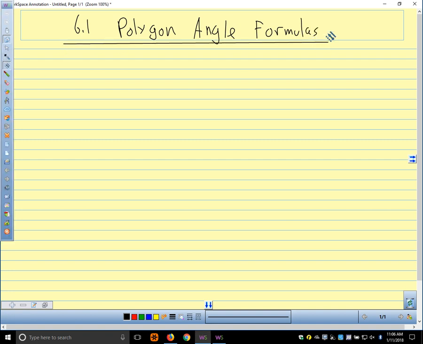Make sure that we all have the same idea about what a polygon is. So we decided in our opener that it's a shape. We can also call it a figure. We'll just say a shape with 3 or more sides.